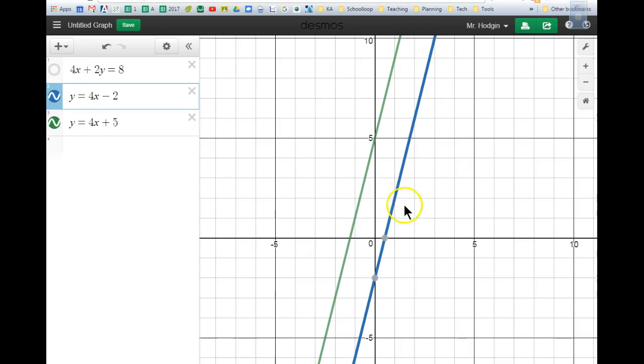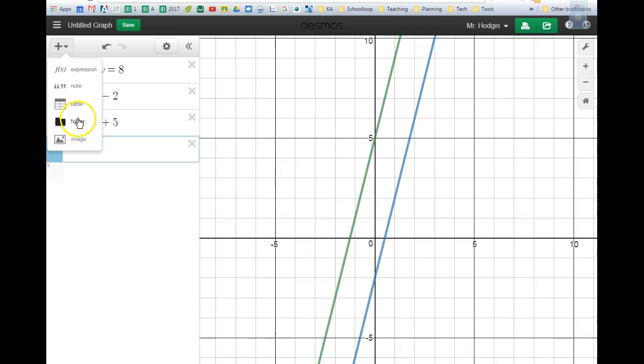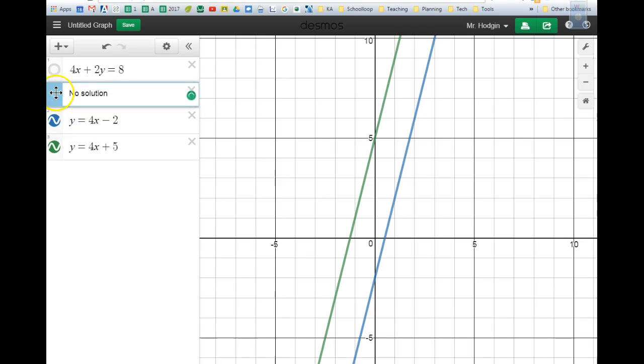If they don't intersect, what would we say the answer is for here? So this is what happens when you have a no solution. Okay? This is what no solution looks like. If the answer is where they intersect and they do not intersect, there is no solution at all.